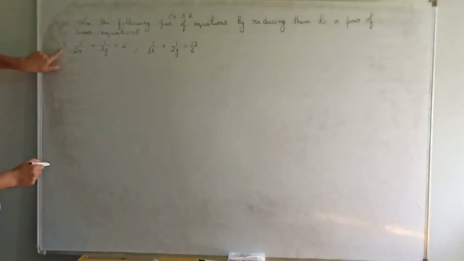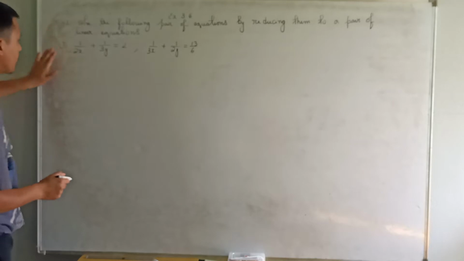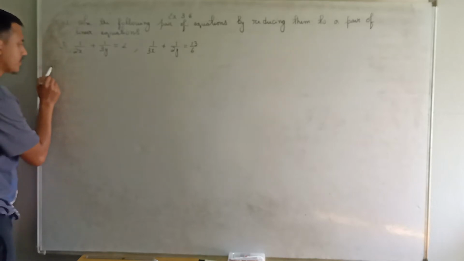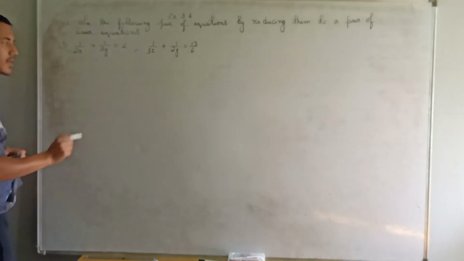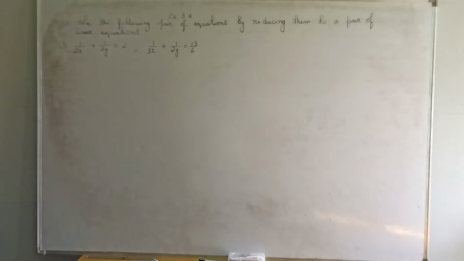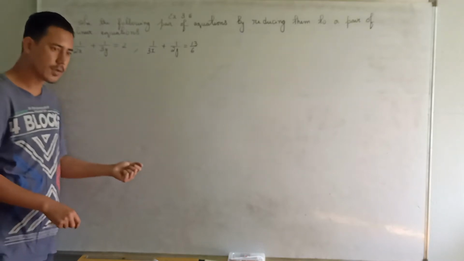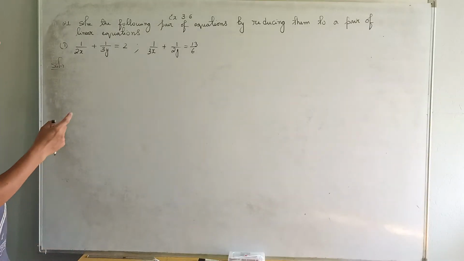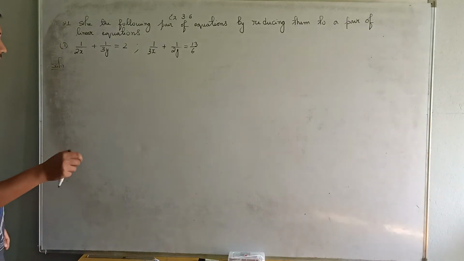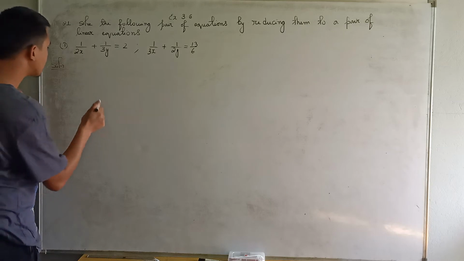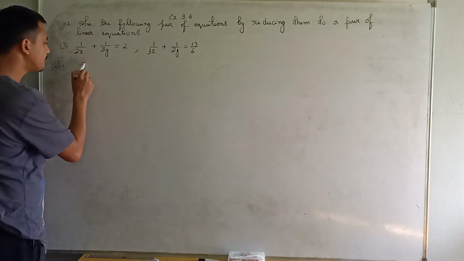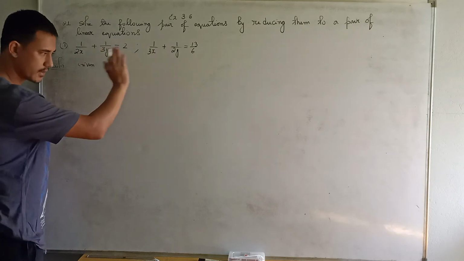We shall now continue with Roman 1, question number 1. So this is not linear, okay? This is not a linear equation. So I have to reduce it to a linear equation. We can check why it is not linear, but that's not necessary. So first I'm going to write what is given.